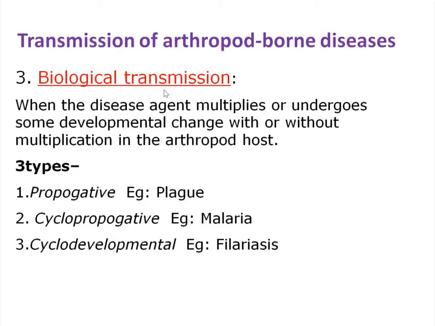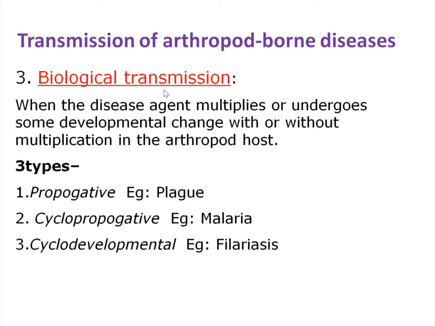It undergoes all those changes in the arthropod or vector, and then it transmits the disease. That is called biological transmission. So biological transmission is nothing but the disease agent or microorganism that multiplies or undergoes some developmental changes inside the arthropod host, and then it transmits the disease.